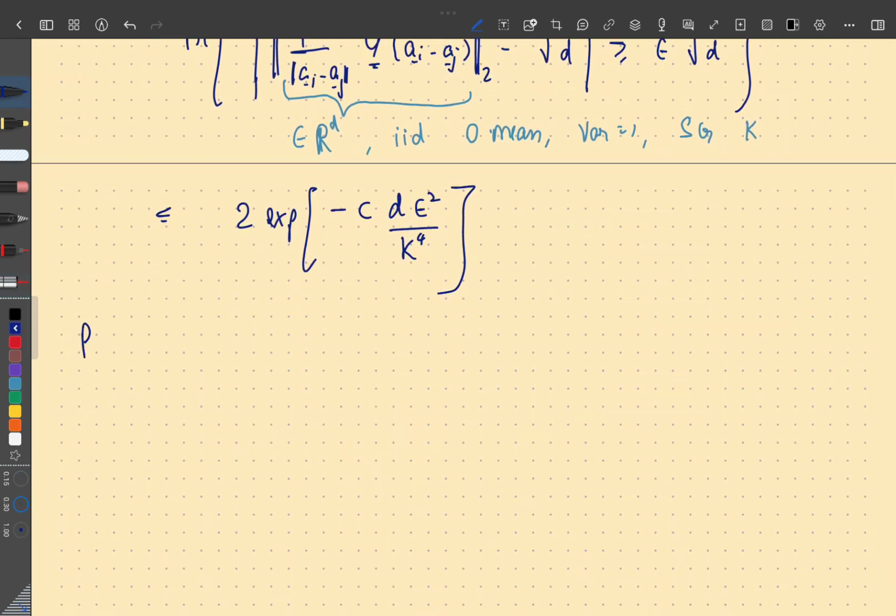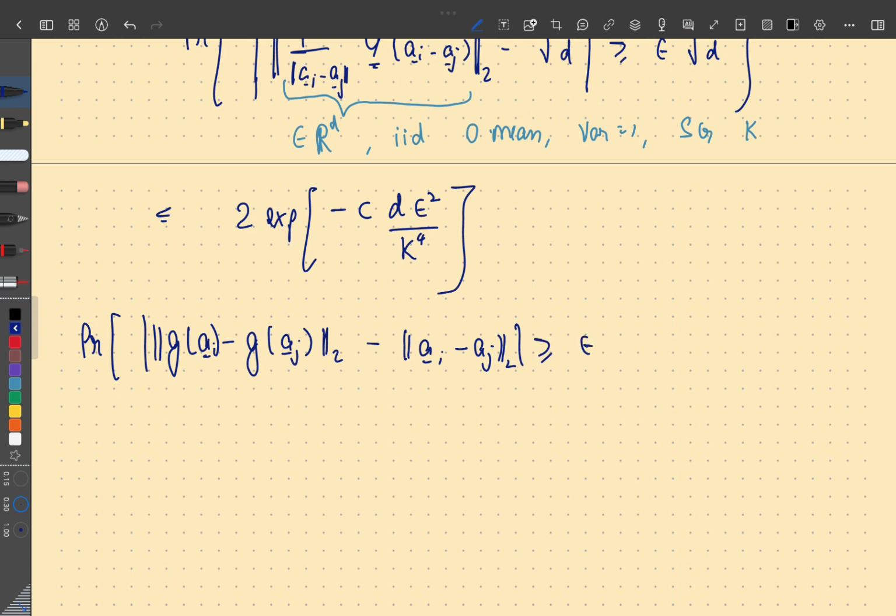So what is the probability that the distance between g of ai and g of aj is too far away from the distance between ai and aj for some i not equal to j?